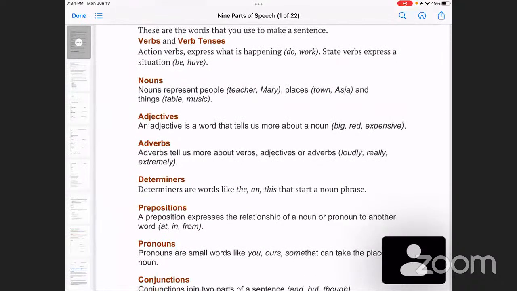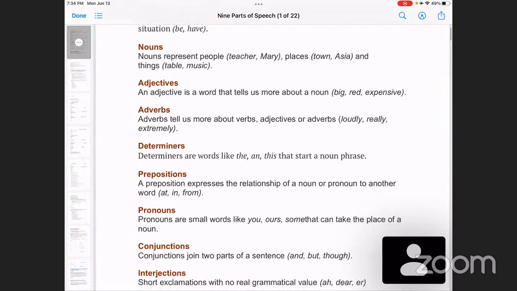Then let's get on to determiners. Determiners are words like the, this, that, and they start basically a noun phrase. Preposition. A preposition expresses the relationship of a noun or pronoun to another word: at, in, from. Pronouns. Pronouns are small words like you, ours, some, that can take the place of a noun.